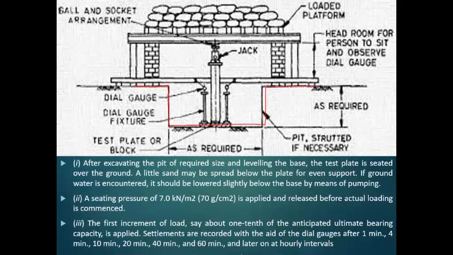Then we arrange the plates one over the other: 750, 450 or 400, and 300 mm, one over the other. The thickness of the plates will be 25 mm.